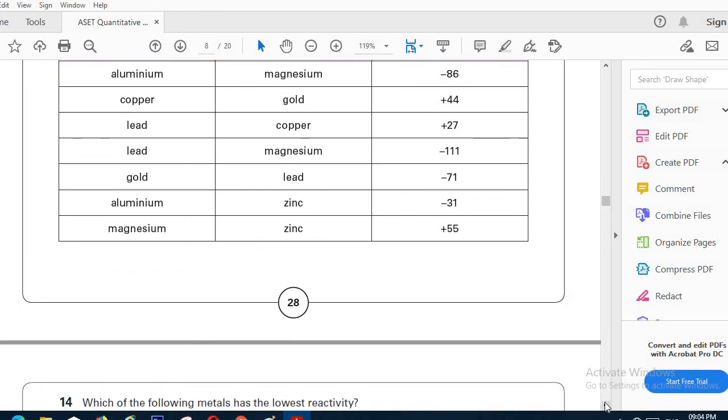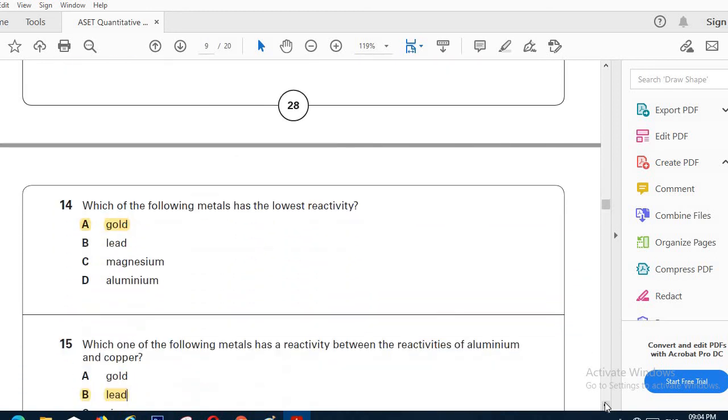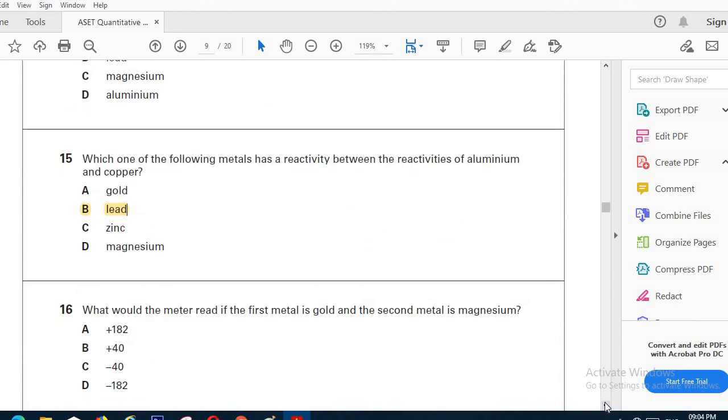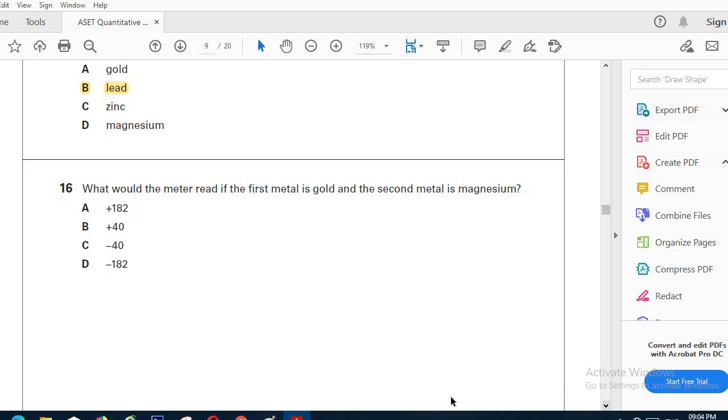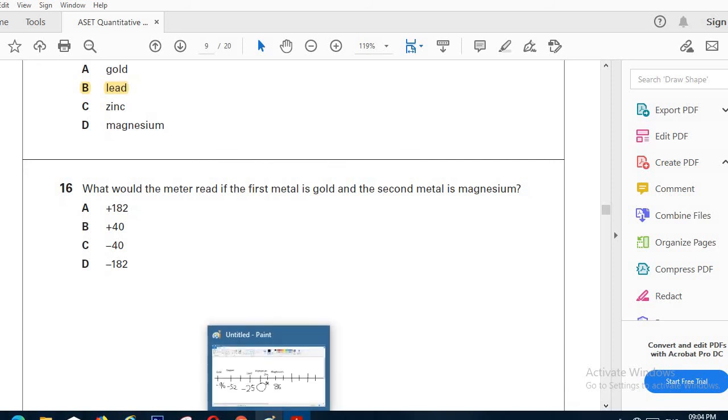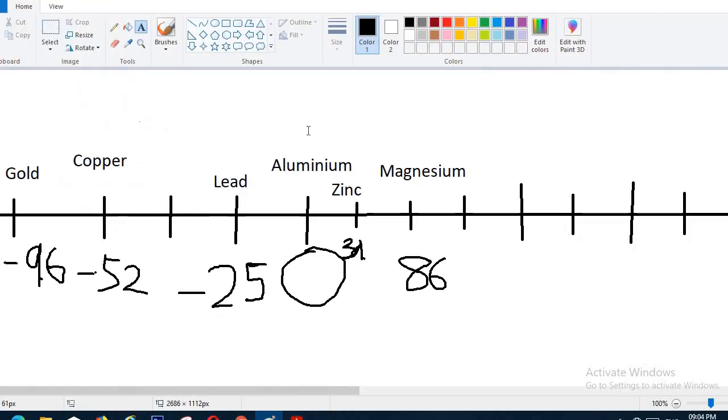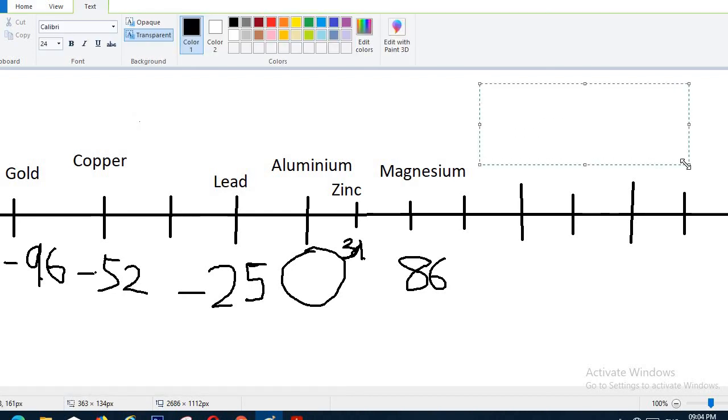So we need to do the calculation. That means gold minus magnesium, they are asking this question to us.